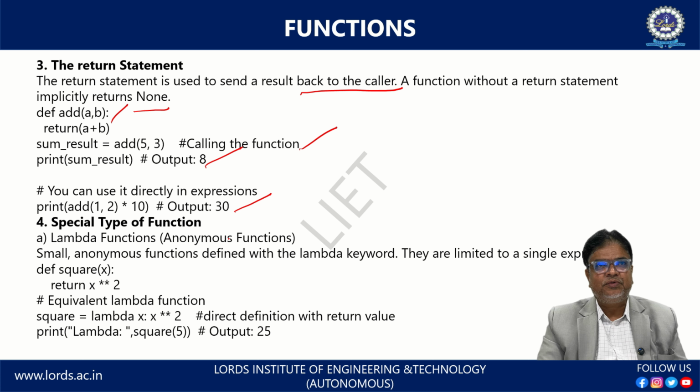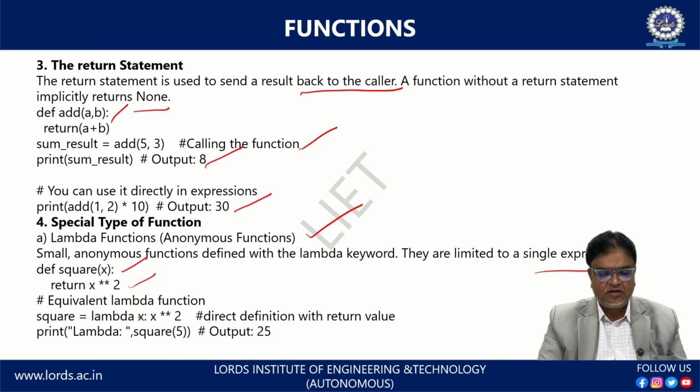Then we have a special type of function called lambda. It is a small anonymous function defined with the lambda keyword. They are limited to a single expression. For the definition, we are defining one function named square and returning the value. This is the normal function, where we are creating and returning in two steps.